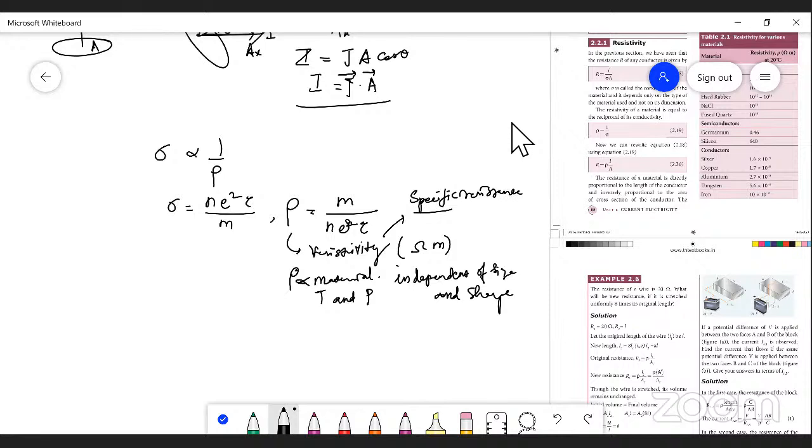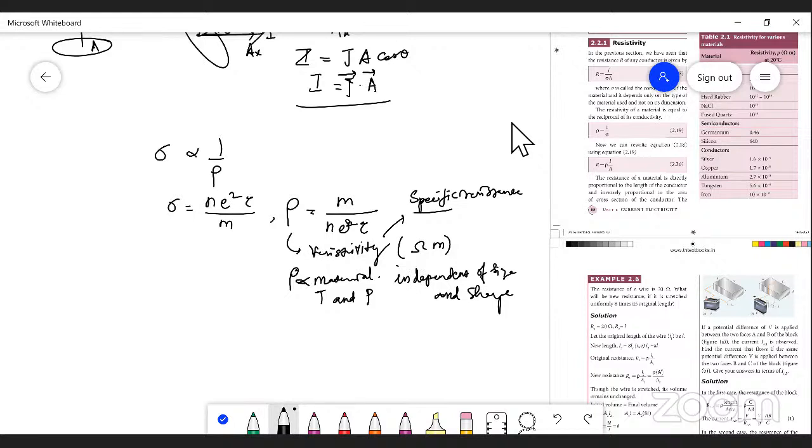So what we discussed so far in the microscopic model of current is how the flow of current takes place inside a metallic conductor when you apply an electric field across it. There, we calculated the total number of free electrons in a given volume of the conductor, with small n being the number of free electrons per unit volume.